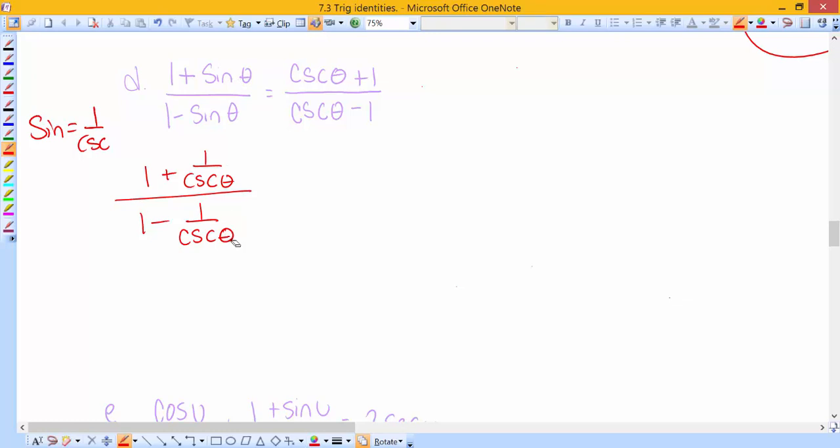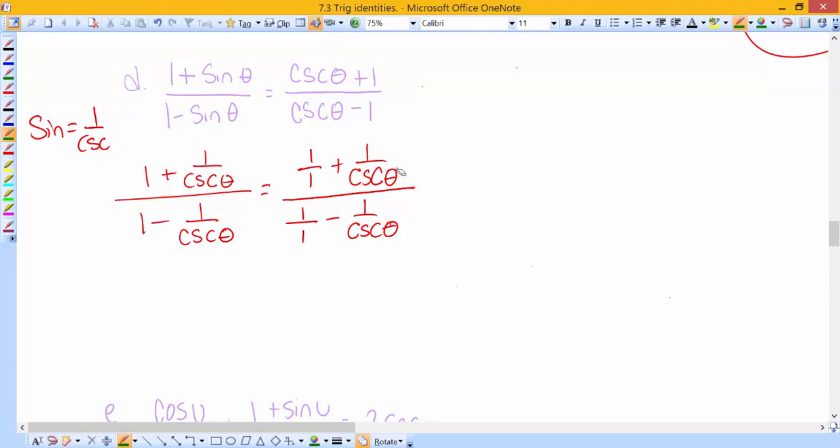Now, anytime we are adding or subtracting fractions, we must get a common denominator. This is something we need to recognize. I can rewrite my 1 as 1 over 1. I'm going to show a lot of steps here that some of you may not need. So now I can get a common denominator.